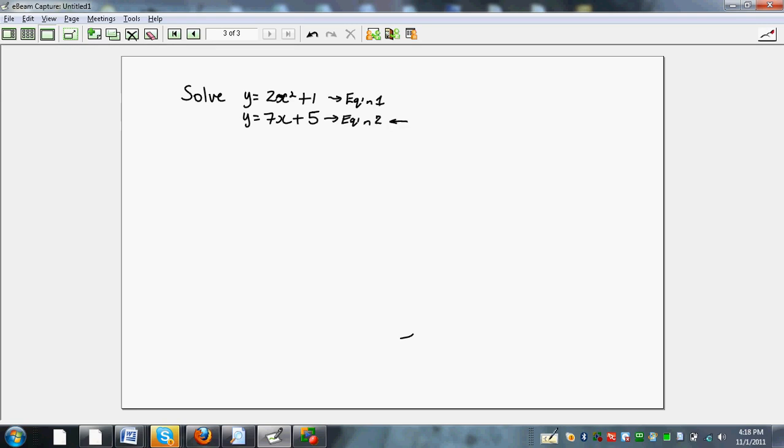We'll substitute y equal to 7x plus 5. We substitute that into equation 1. Let's see what happens when we do that.